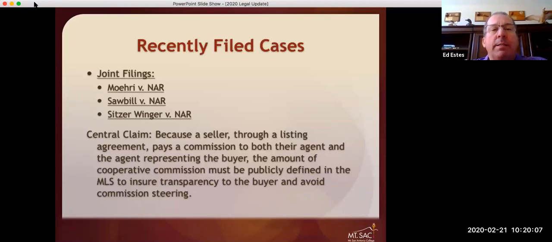And we have some recently filed cases. They're actually joint cases. They're all dealing with the same issue.